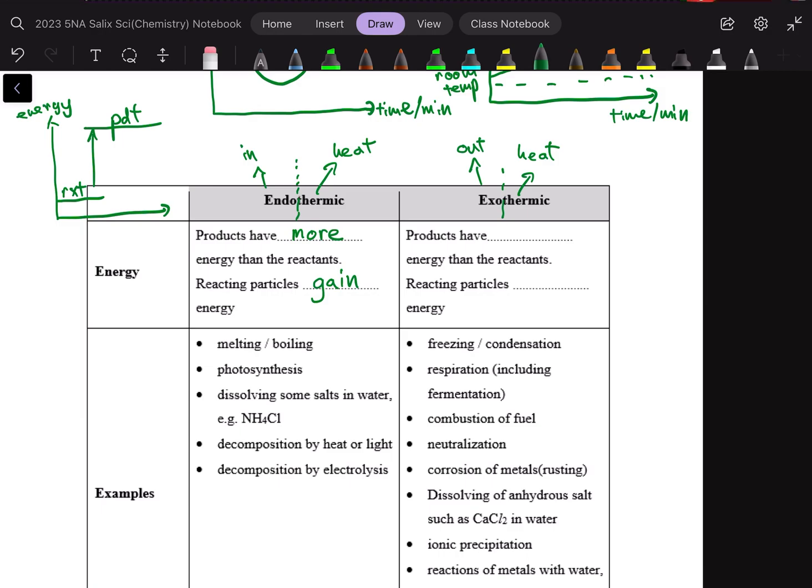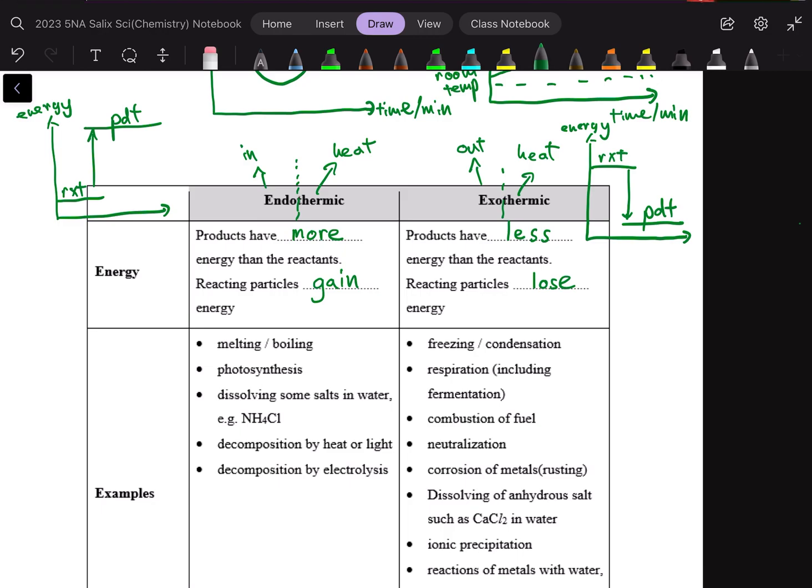And then for the exo case, what you are experiencing is a drop in energy. So the product has less energy, and the reactant particles lose energy.